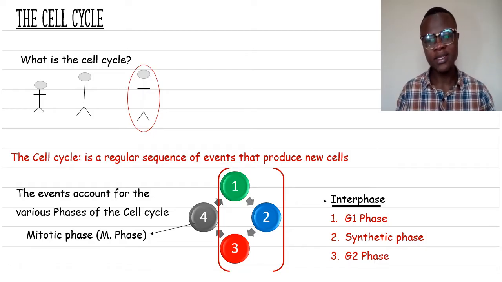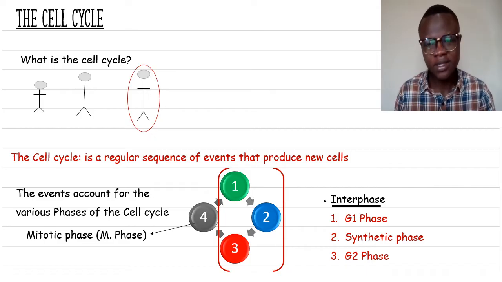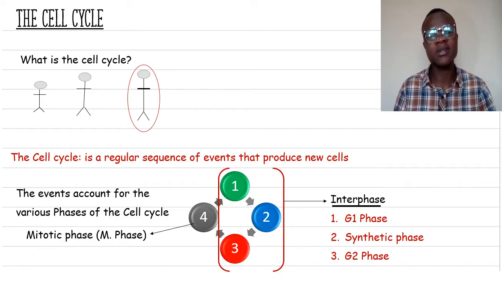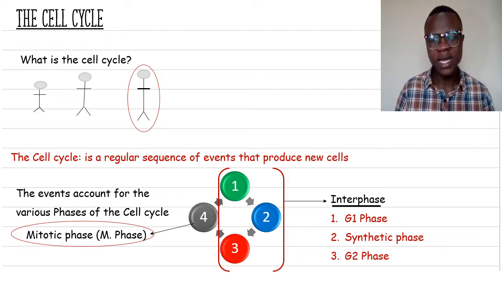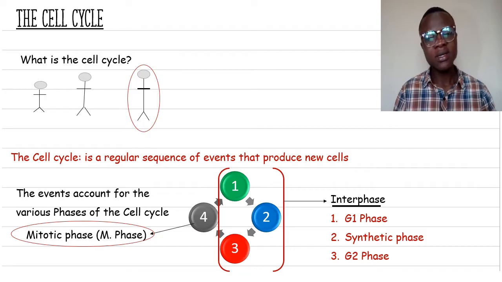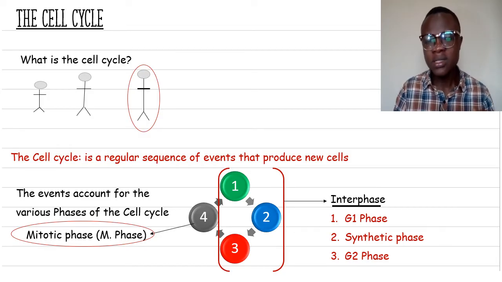But for today, we are just going to focus on the interphase aspect of the cell cycle. This phase is very important, as I just stated. It actually distinguishes the gametes from the normal body cells that we have. So let's now move on and look at each of these phases that occur in the interphase of the cell cycle.